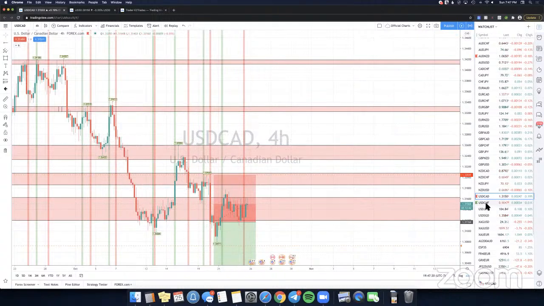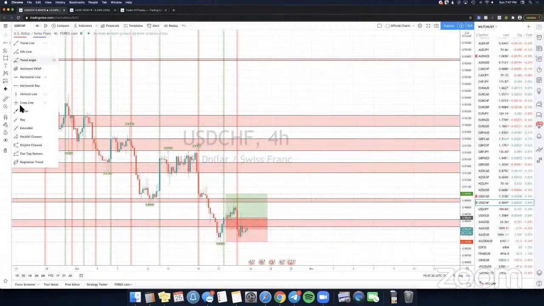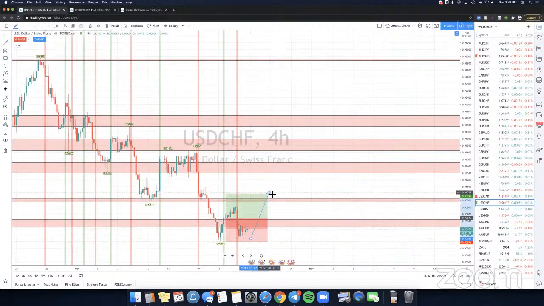Back to USD CHF, if the correlations add up properly, this will probably continue back upwards. But we'll just have to wait and see what happens this week. There's no guarantee that it's going to go up or down, so we have to wait until the US market opens to get confirmation of the direction of price for this week.